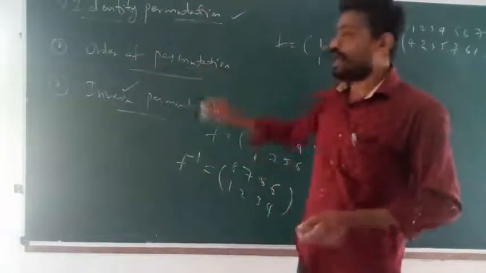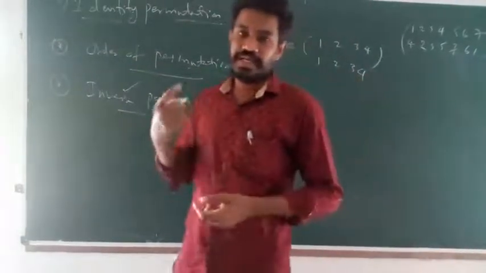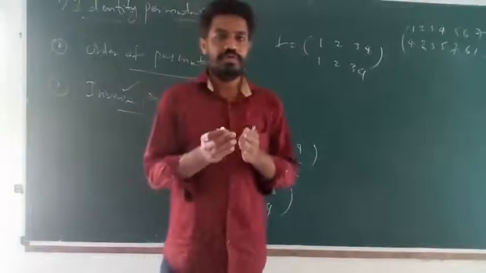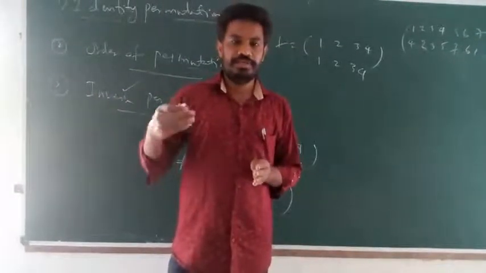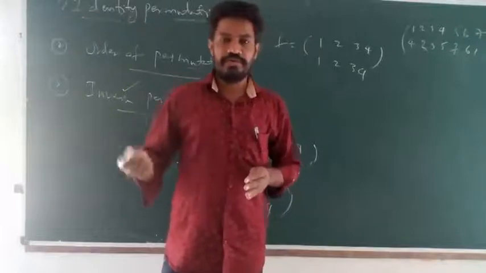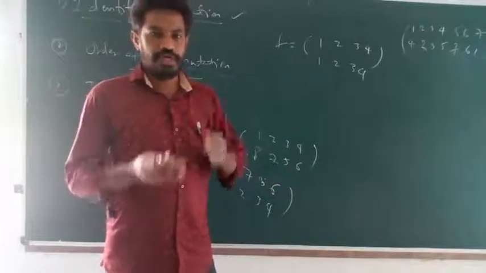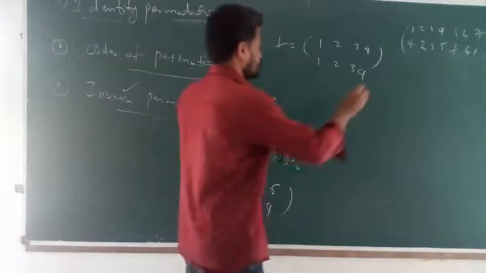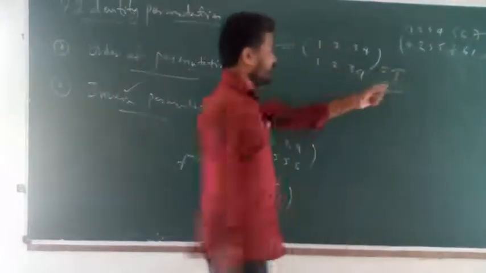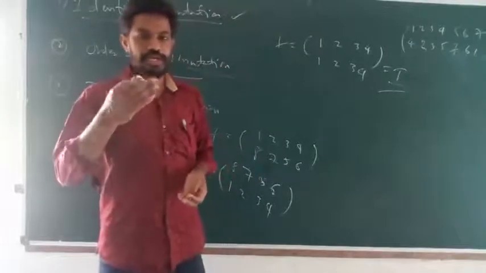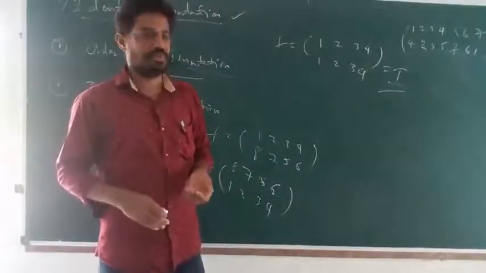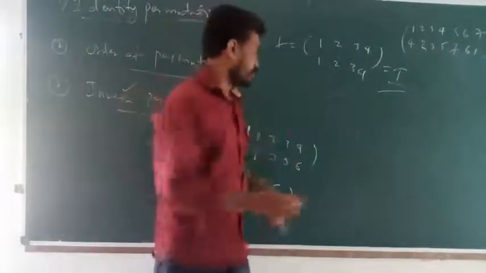Next one, order of permutation. You can select any permutation, for example F, and you can find the F inverse. Next we compute F square, F cube, F to the power of 4. We continue until we reach the identity permutation, where the first row elements and second row element images are also equal, and then stop the process.